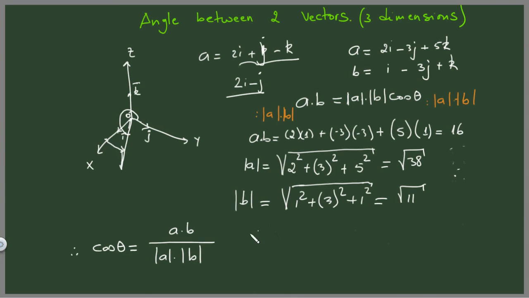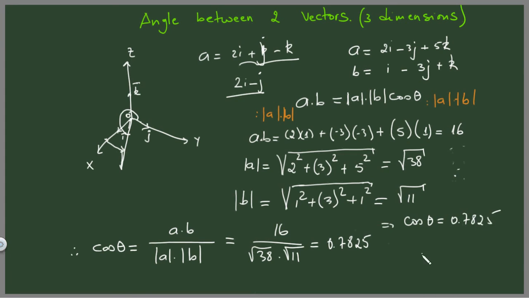This is equal to 16 over the square root of 38 times the square root of 11, which is 0.7825. So the cosine of theta equals 0.7825, and therefore theta will be the inverse cosine, cosine minus 1, of this value.